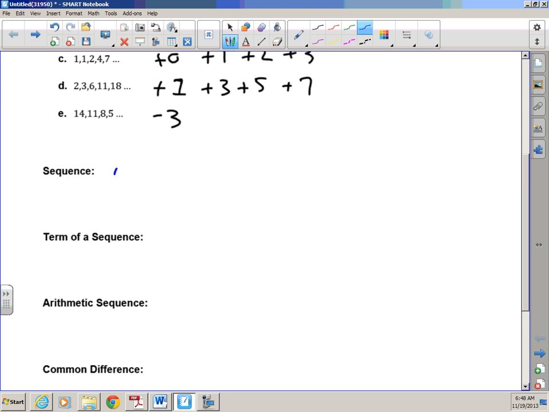So a sequence is simply an ordered list of numbers that often form a pattern.